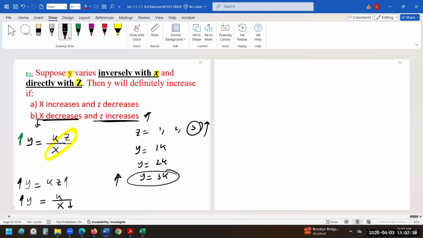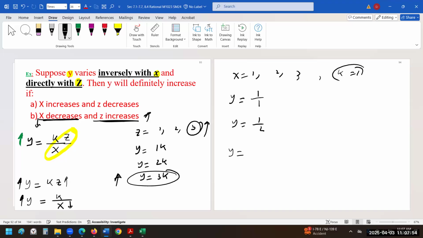And for the other one, let's say x is 1, 2, and 3, and let's say your k is 1. So your y is 1 over 1, 1 over 2, and 1 over 3. Now, which one is bigger? 1 over 1, 1 over 2, or 1 over 3? 1 over 1, which is the whole number 1.